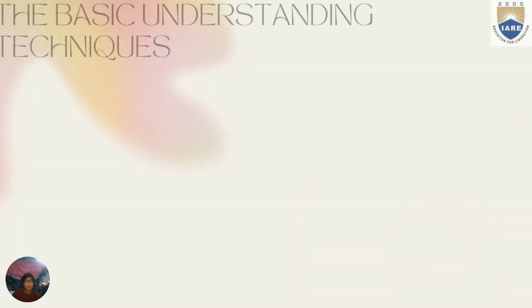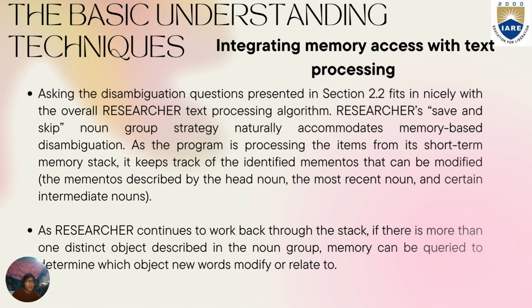Integrating memory access with text processing. Asking the disambiguation questions presented in section 2.2 fits in nicely with the overall researcher text processing algorithm. Researcher's save and skip non-group strategy naturally accommodates memory-based disambiguation.